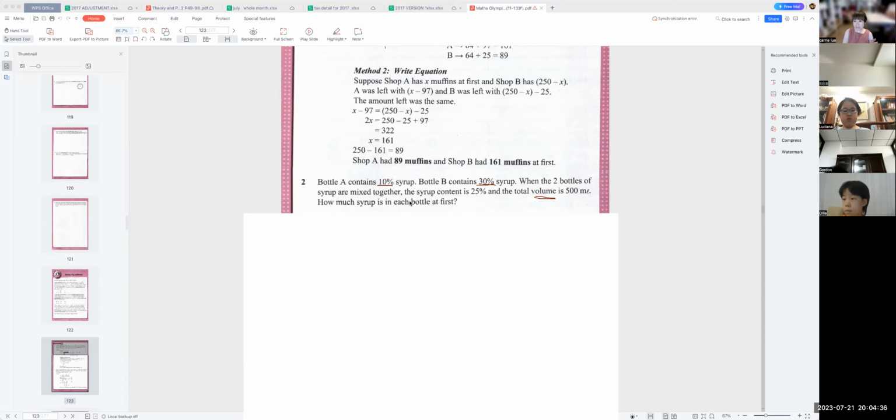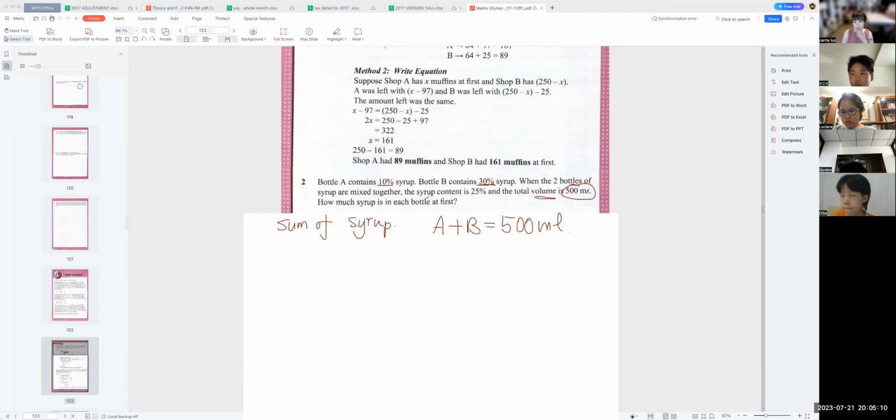So for some questions like this, this is a very popular syrup question, okay? There is one thing that never changes: the sum of syrup is never changed. Get it? So let's take a look at this one. We have 500 milliliters total. That means A plus B total 500 milliliters. Correct, everybody? Because the volume is never changed.